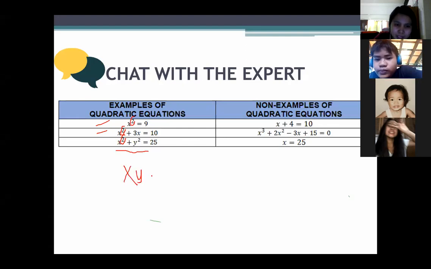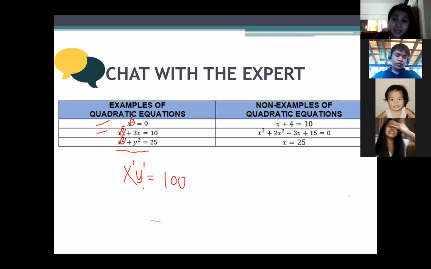xy equals 100. What is the highest exponent? What's the exponent of x? It's 1. What's the exponent of y? 1.